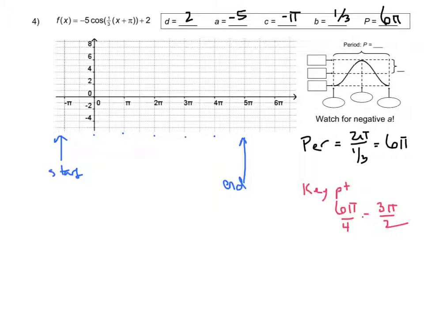Now I have a vertical shift of 2, so that means everything's going to go up 2. So I'm going to have a line close to where 2 is. Now my amplitude was 5, but remember, because it's negative, it's going to reflect.